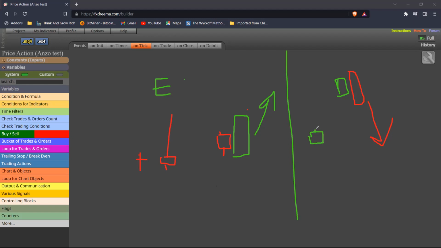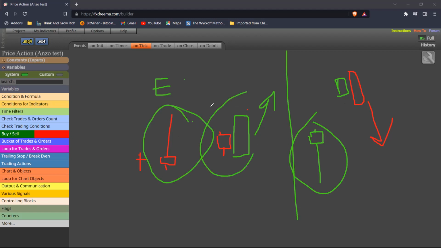The lower wick is longer, and the real body is small, maybe 2 to 3 times smaller than the wick of the candle. This would be a bullish pin bar. This would be a bearish pin bar. This would be a bullish engulfing candle, and this would be a bearish engulfing candle.